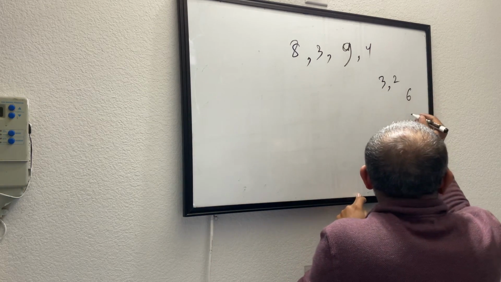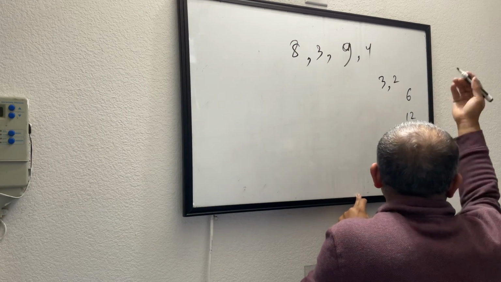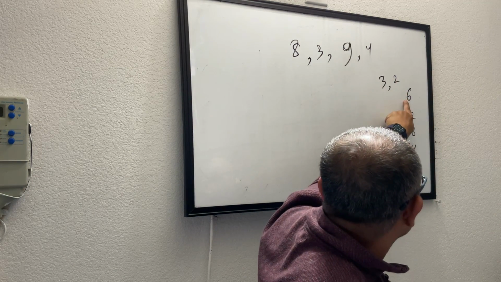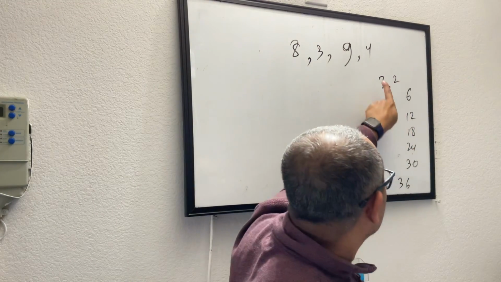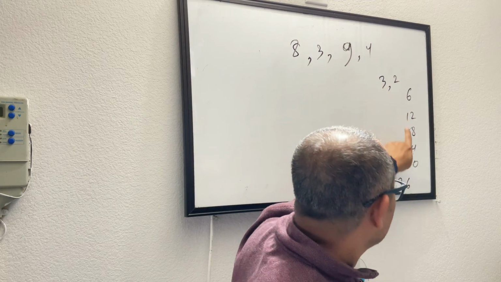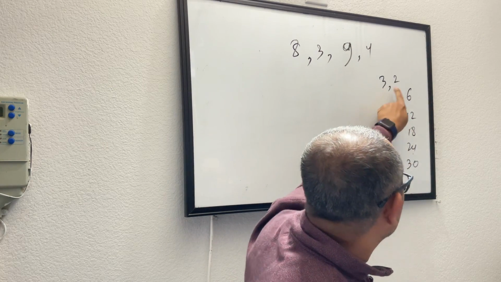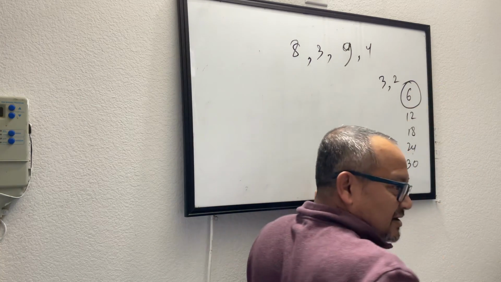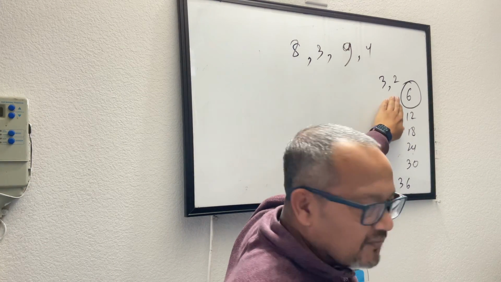Look at this. 3 times 2 is 6, 2 times 3 is 6. So this is a multiple of 3 and 2 both. Again, 12: 3 times 4 is 12, 2 times 6 is 12. This is also a multiple of these two numbers. Look at 18: 3 times 6 is 18, 2 times 9 is 18. This is also a multiple of these two numbers. But we are talking about the lowest common multiple. That's why we said 6 is the LCM of 3 and 2.